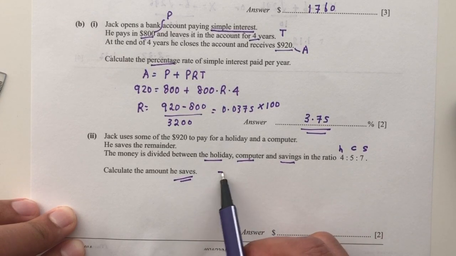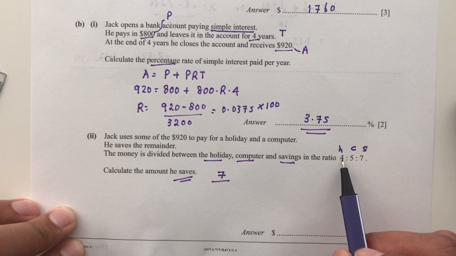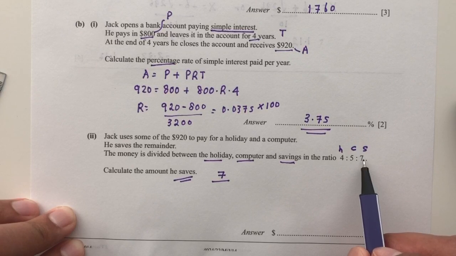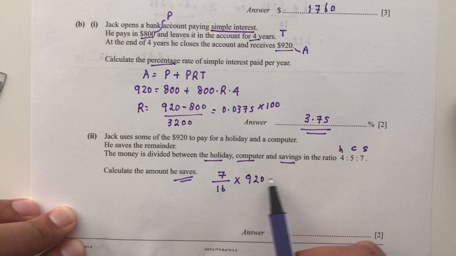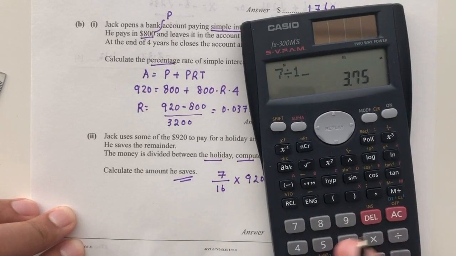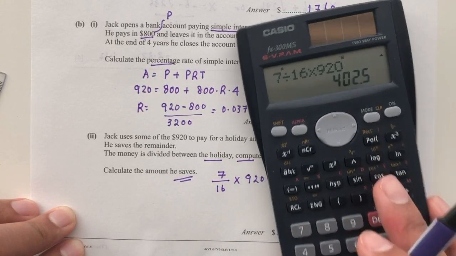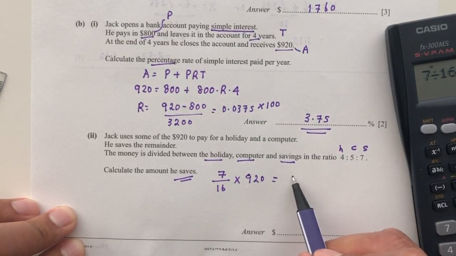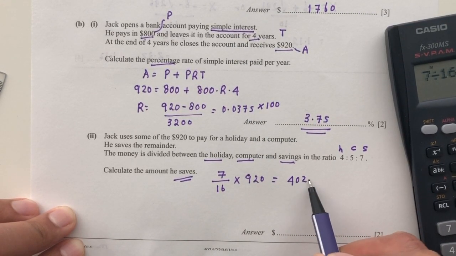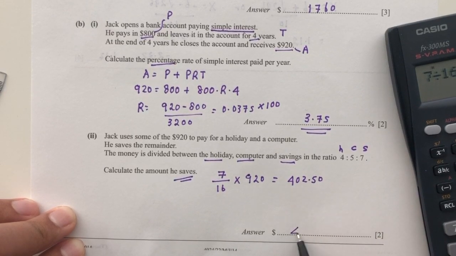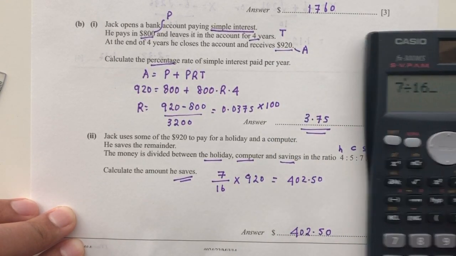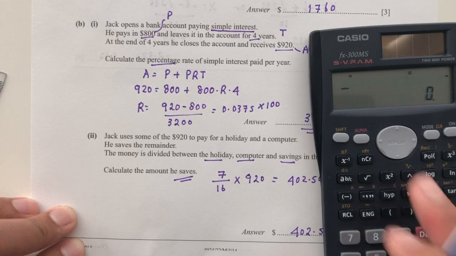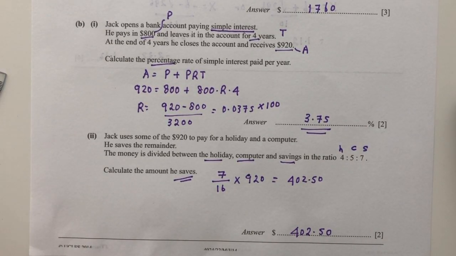So savings will be 7 over, the total is 4 plus 5 is 9, 9 plus 7 is 16, times 920. 7 divided by 16 times 920, that will be 402.50. That's the amount that he saved. Okay, that is right. Okay, that will be question number 2.